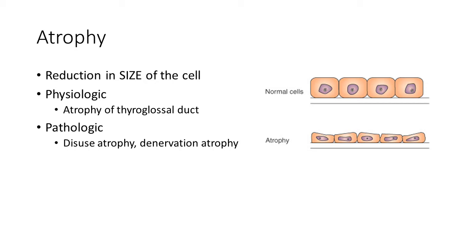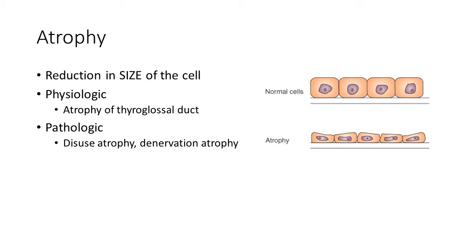It may be physiologic or pathologic. An example of physiologic atrophy is the atrophy of the thyroglossal duct, which happens during the embryonic period, and an example of pathologic atrophy is disuse atrophy. That is, when an organ is kept unused, it undergoes atrophy.